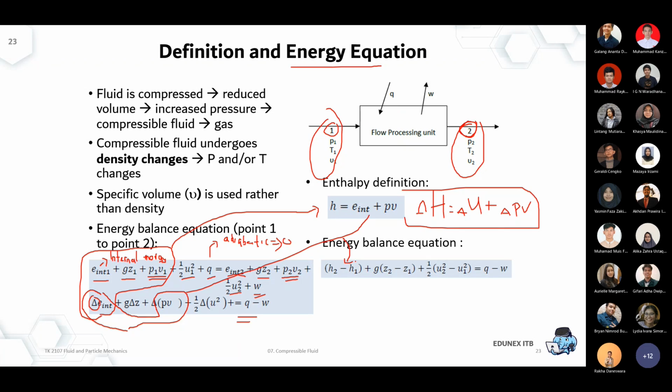Okay, that's the energy balance equation for a gas flow system. So now the pressure can be expressed as part of the increase of enthalpy. Okay, so it's just an option whether you want to express it in internal energy and pressure, or combine all together as an enthalpy.